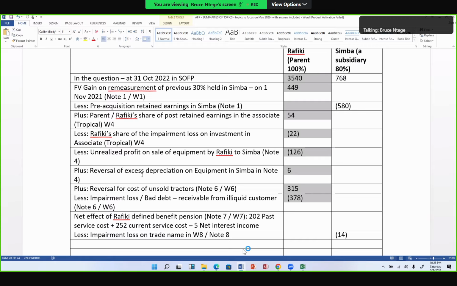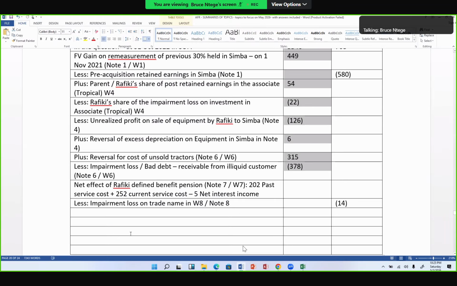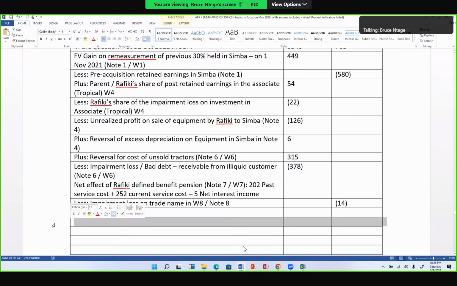If any of you have actually done that calculation, perhaps confirm. I want to be sure that the figure I'm having is the same figure you have. So the figure I have is 3,838. I'll need to have a line here for subtotals.